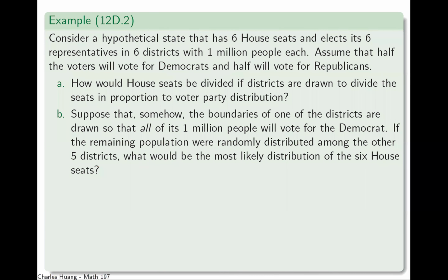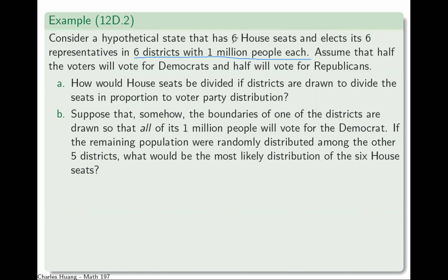Let's do some math with gerrymandering. Suppose we have 6 districts with 1 million people each, so we have 6 million people in total. Let's assume half of them are Democrats and half of them are Republicans.